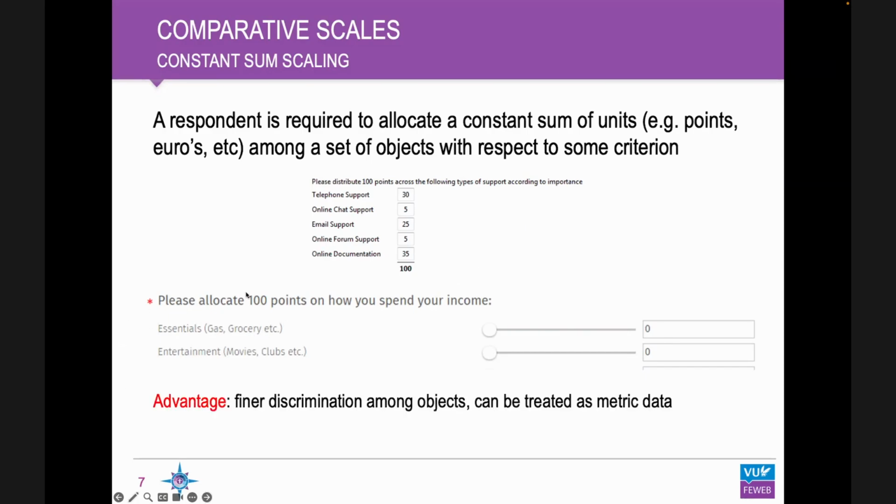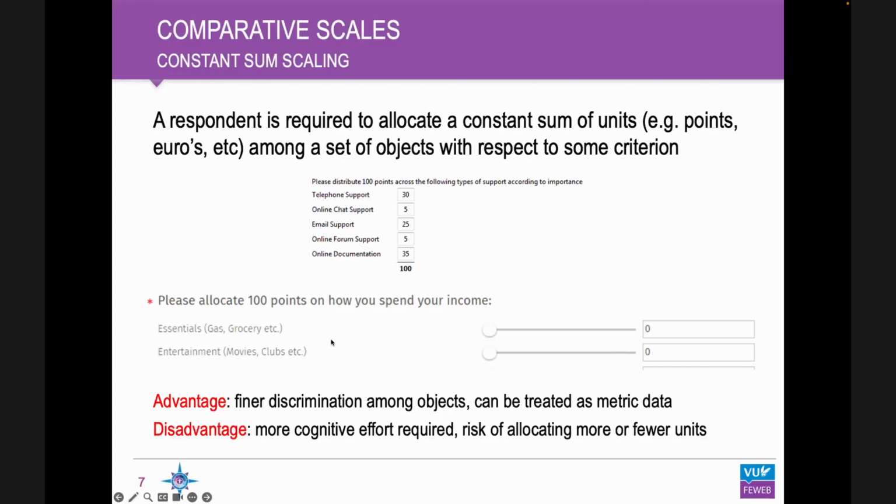So the advantage of having the constant sum scaling is that, again, as I said, you have finer discrimination among objects, and in many cases you can treat this as metric data. So you have the ordinal nature, but on top of that, you can really understand if they're close to each other or not. And of course, as you can see, you can also put 0 here, right?